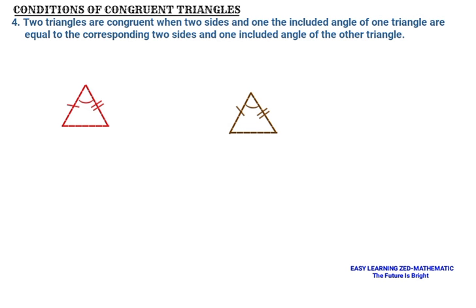Okay, so if two triangles are congruent, that means they have two corresponding sides which are equal, and also corresponding angles which are equal.